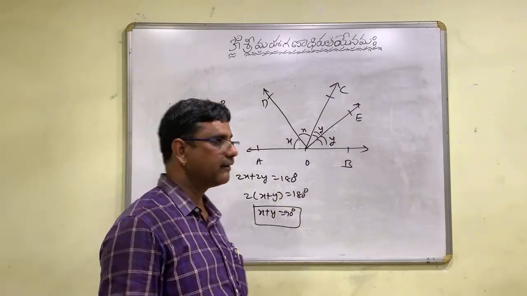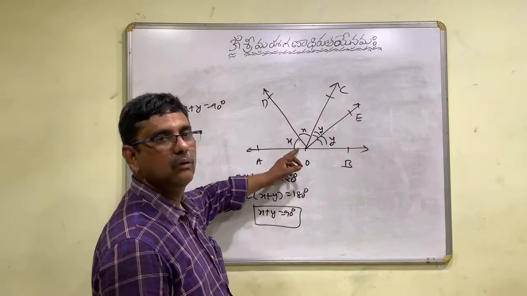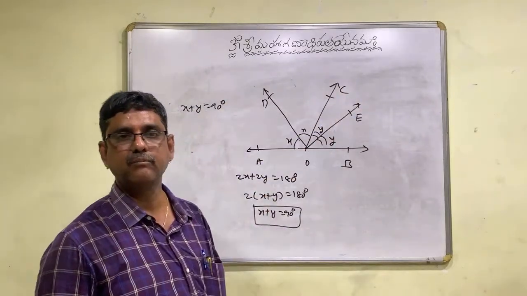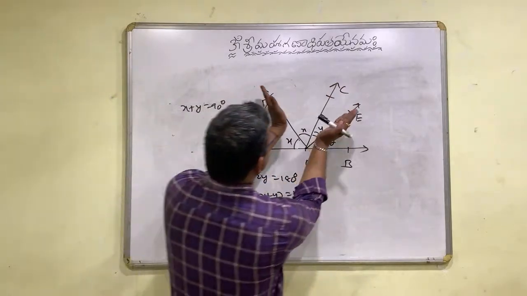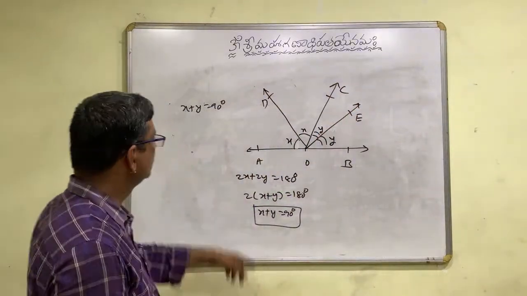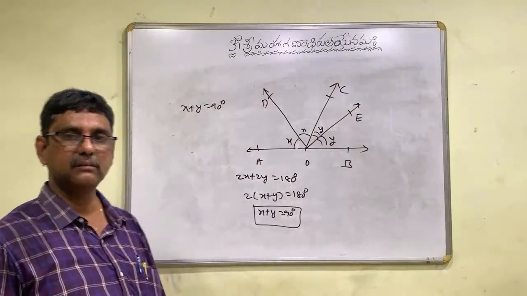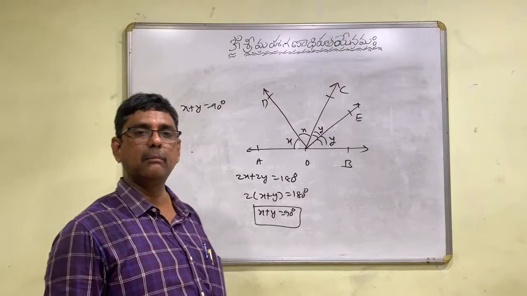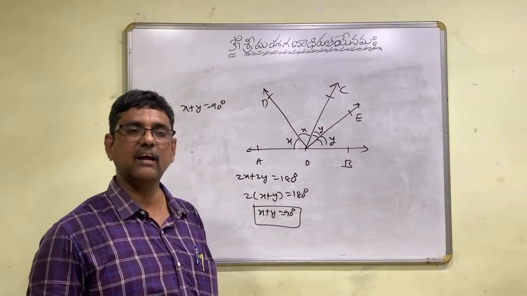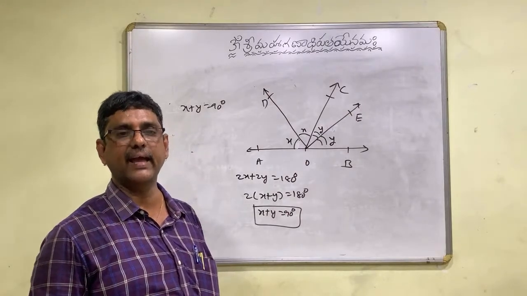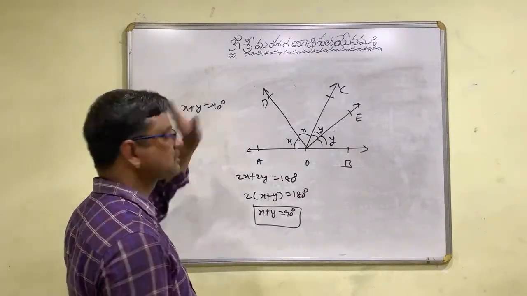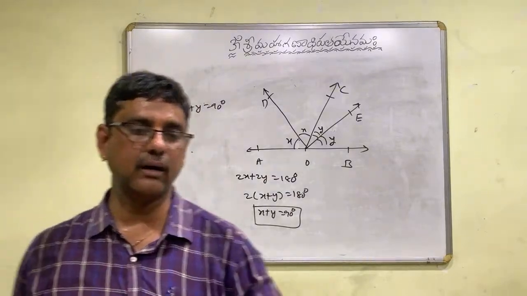I drew the bisector of AOC and the bisector of BOC. Now what is the angle between these two bisectors? 90 degrees. The angle between the bisectors of two adjacent supplementary angles is 90 degrees. That is what you have to understand.